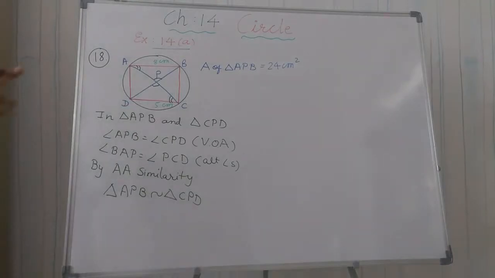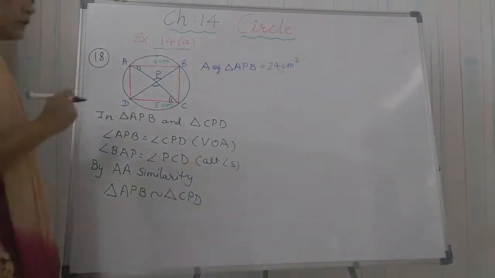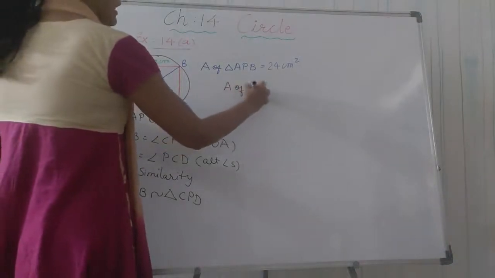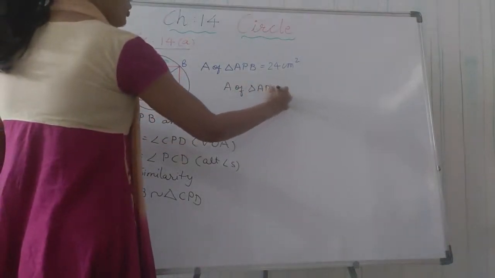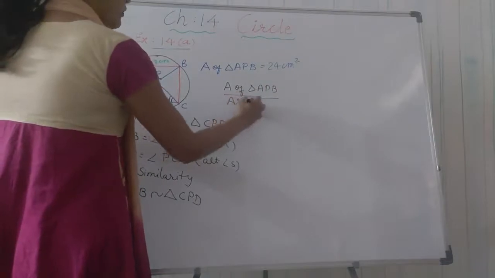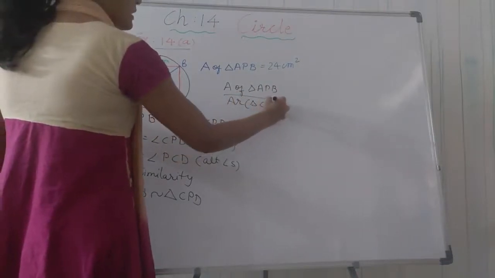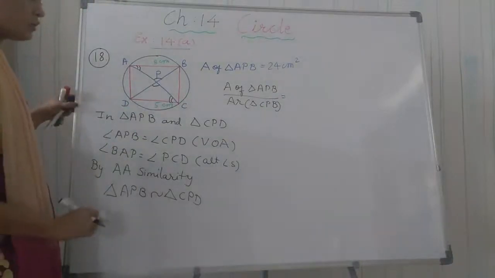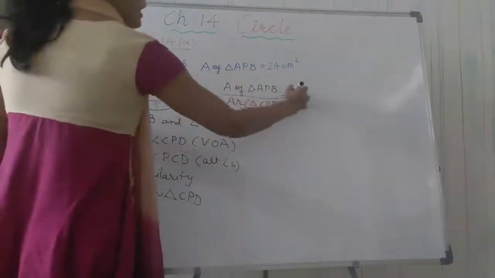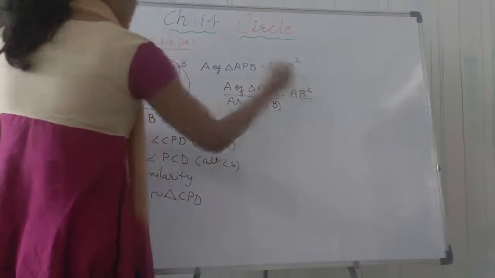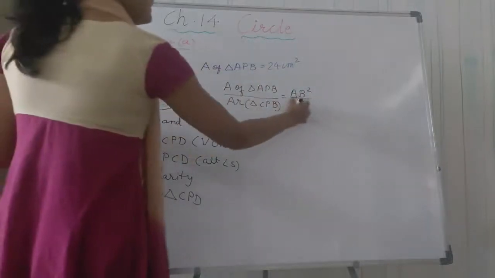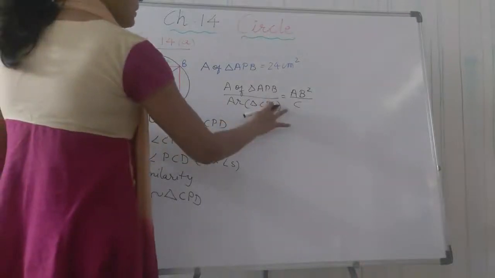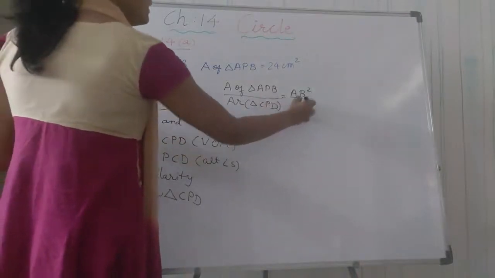Now we can use our similarity theorem. The area of triangle APB to the area of triangle CPD is equal to the ratio of the squares of corresponding sides. So here I take AB square divided by CD square. Actually, I wrote CPB, it is CPD.